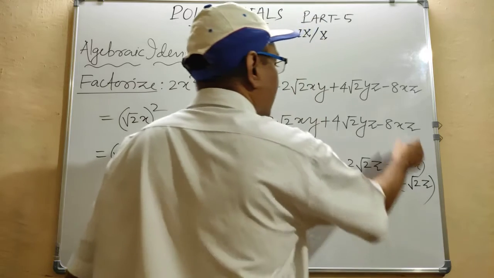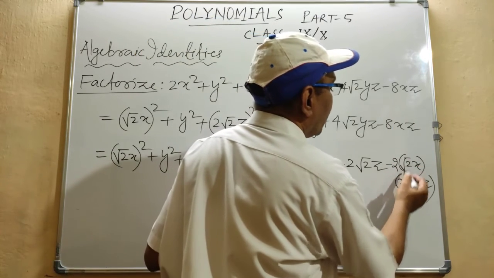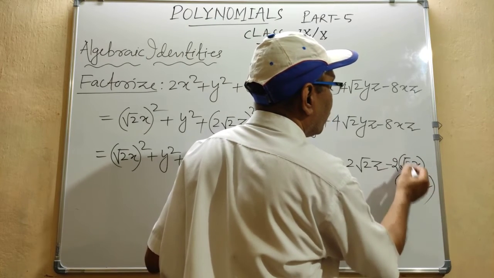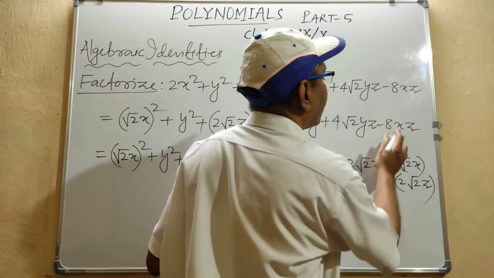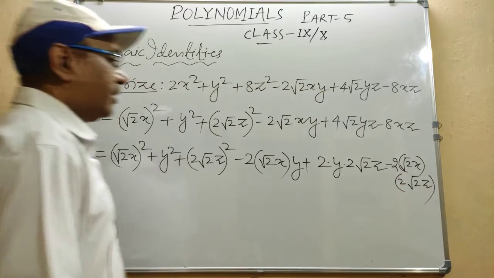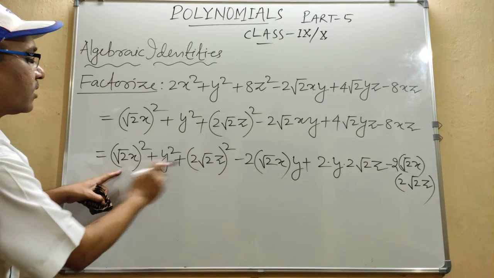See, if you multiply, this will come 2 into root 2 into 2 into root 2, 2 into 2, 4, root 2 into root 2, 2. So 4 into 2, 8, 8xz it is. So this can be written in this way. Why is it written like this? Because that will give you 2ac, 2 into this into this.